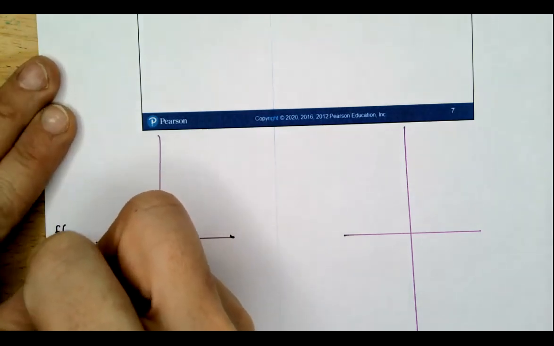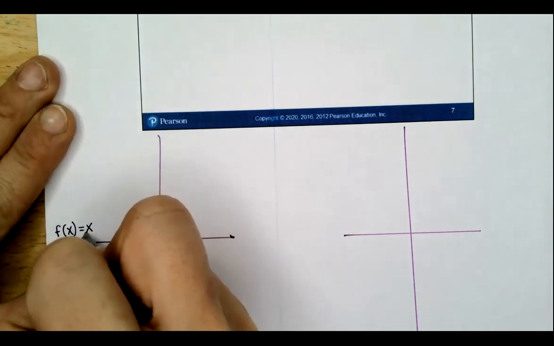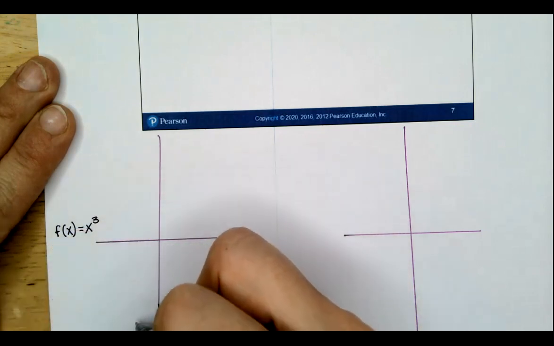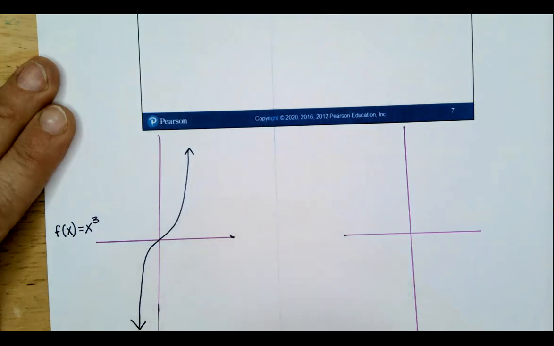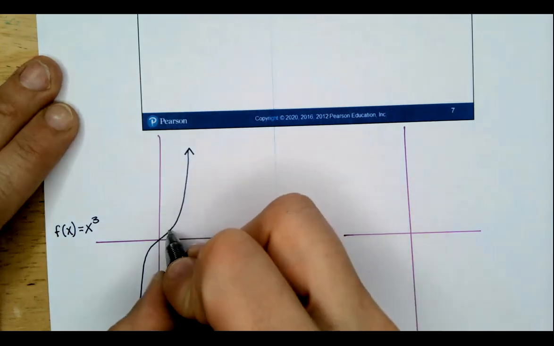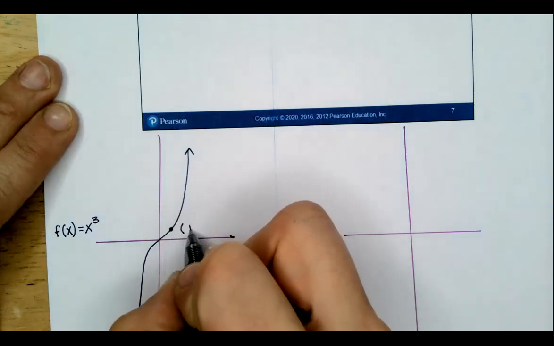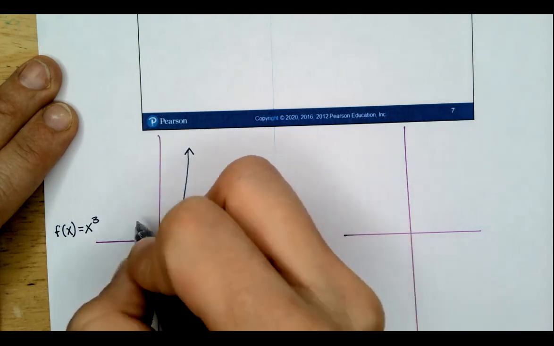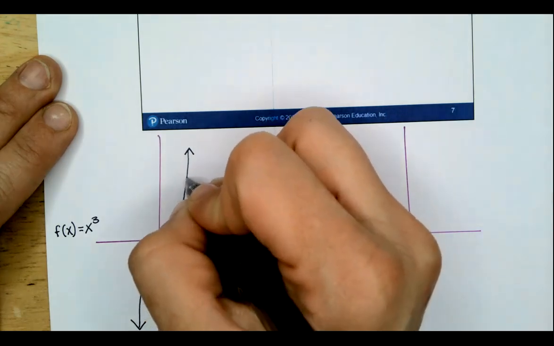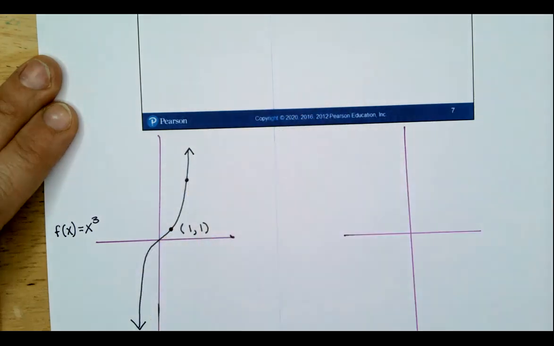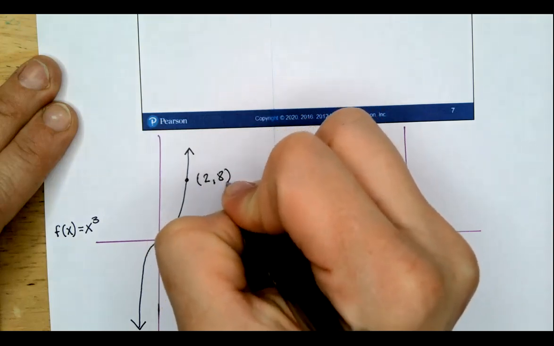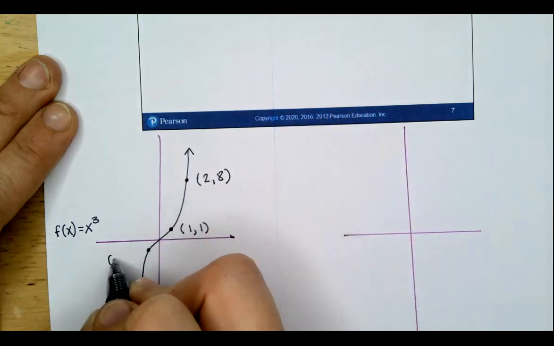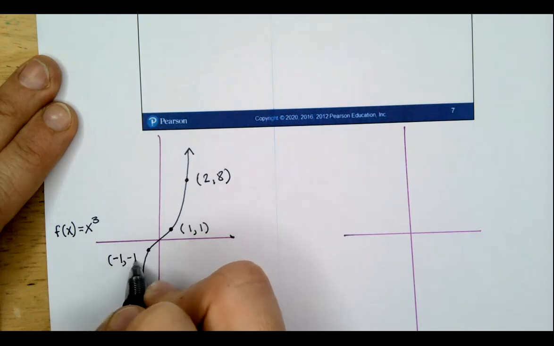So for f of x equals x cubed, we know just from memory, right, that it looks like this. We know that it'll be 1, 1. It'll be 2, 8. -1, -1.